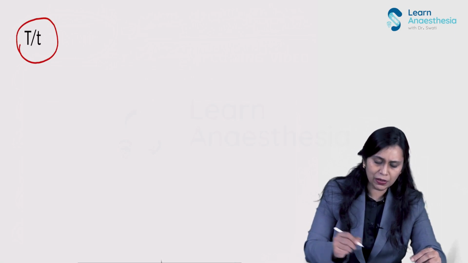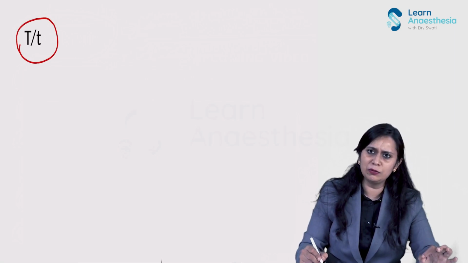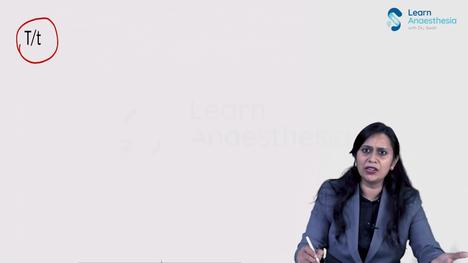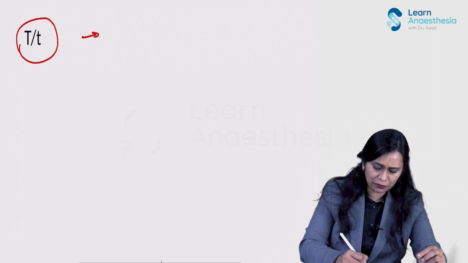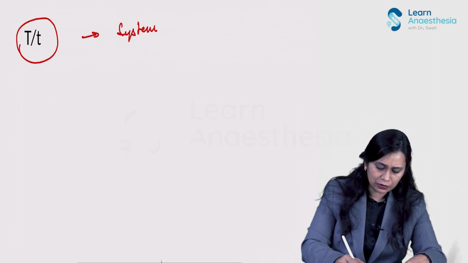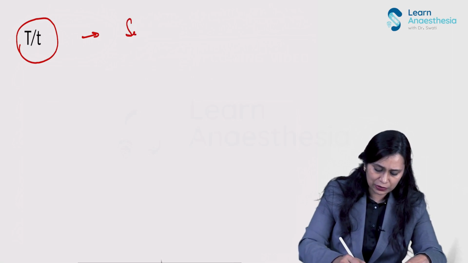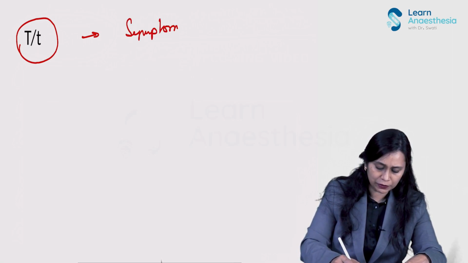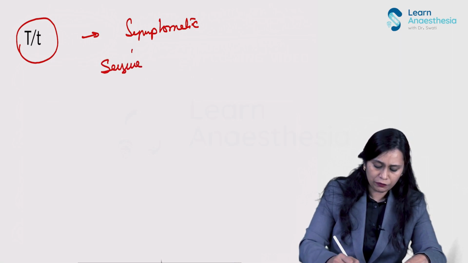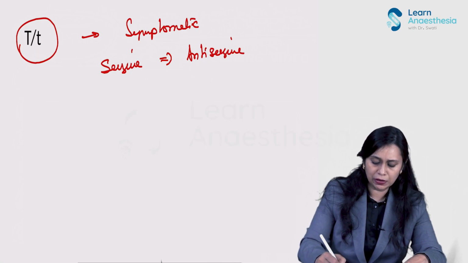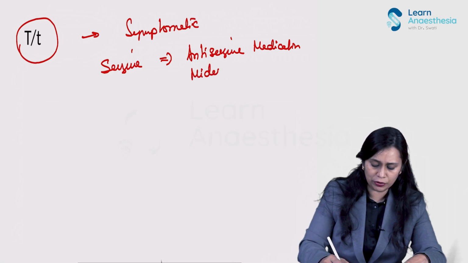Now, if LAST happens, what would be the treatment? Treatment of LAST is mostly symptomatic. Whatever symptom is coming, you are managing the symptom. If the patient starts having seizure, we give anti-seizure medications, like midazolam as the choice.